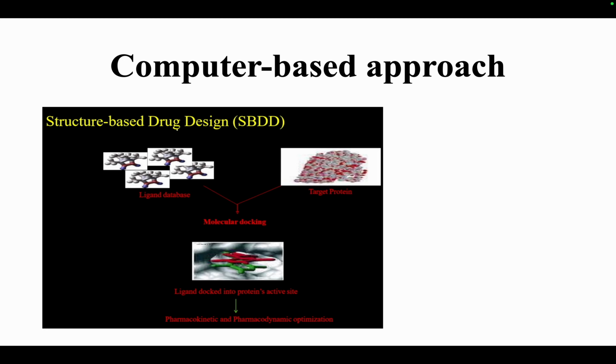What is molecular docking? We are fitting the ligand: based upon its molecular properties, the ligand will go and bind to the target protein, and that binding is known as docking. So the ligand gets docked on the protein's active site, as you can see here. Then we do different pharmacokinetic and pharmacodynamic optimizations.